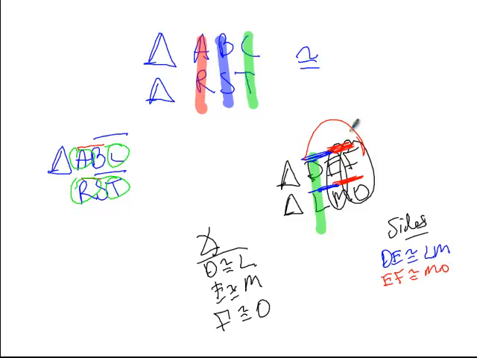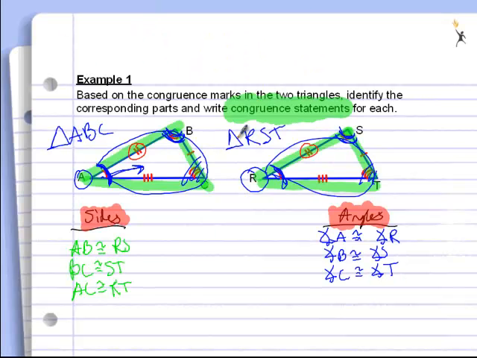And then DF is congruent to LO. Just the way their letters are written tells me what angles are corresponding, what sides are corresponding. The first two in this one are congruent to the first two in the other one, just because of the way they're written.